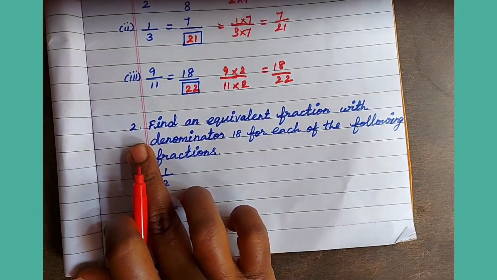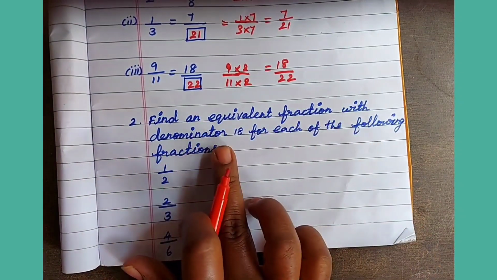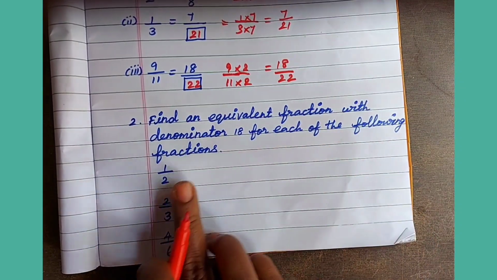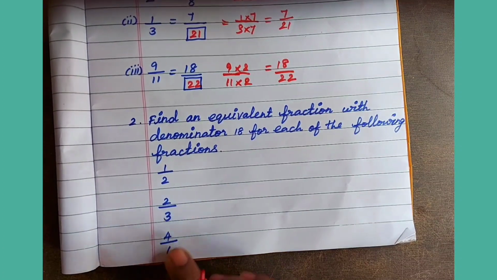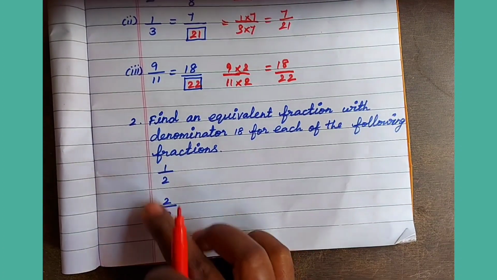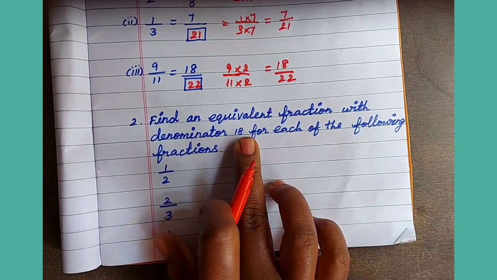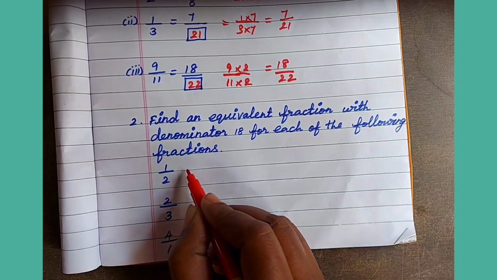Second one, find an equivalent fraction with the denominator 18 for each of the following fractions. The fractions are 1 by 2, 2 by 3, 4 by 6. The fraction values are given, and we have to find the denominator value 18. First, 1 by 2 is given.